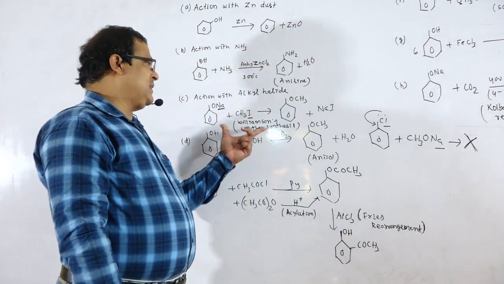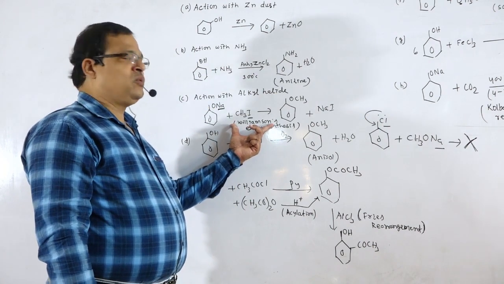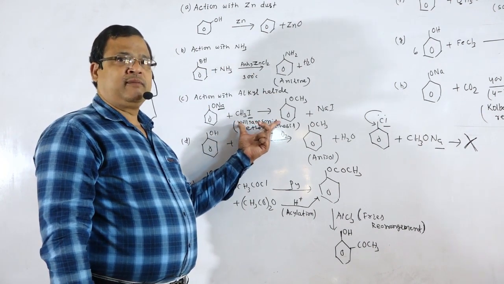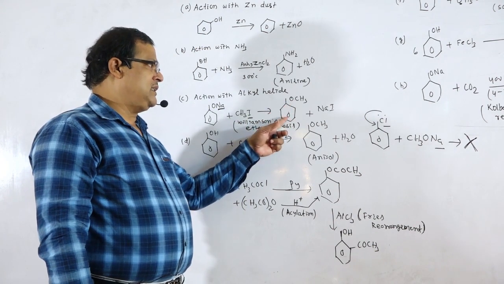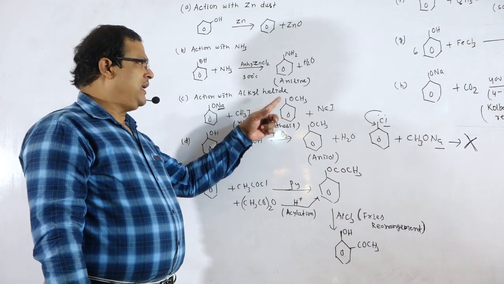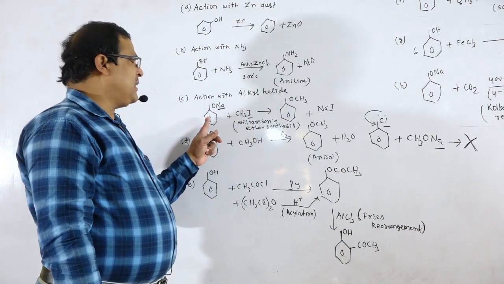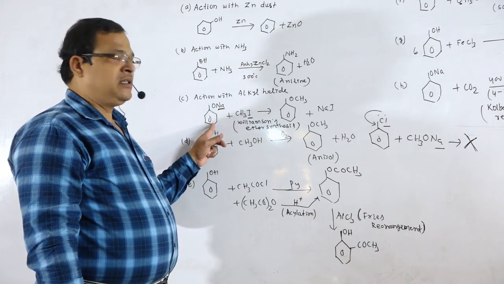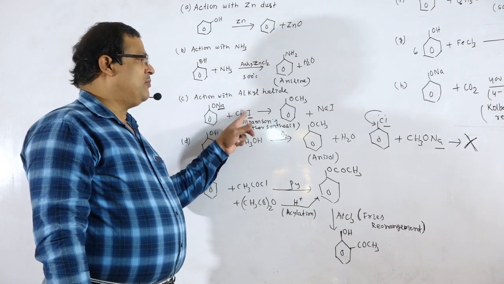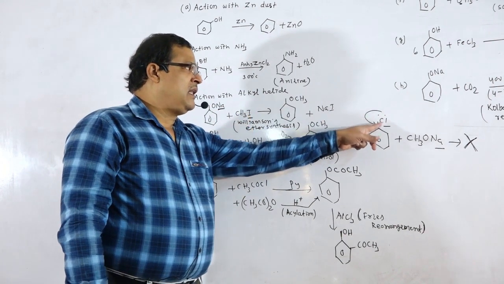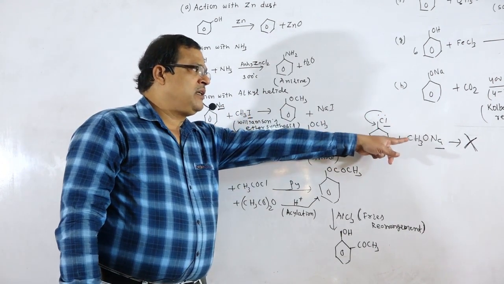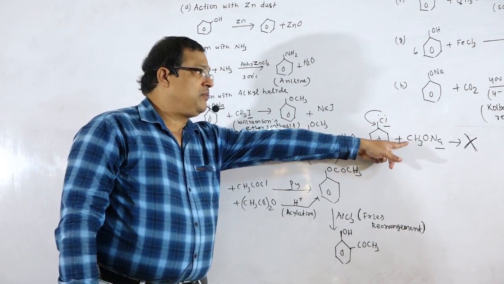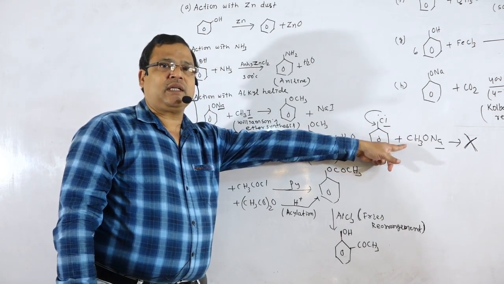So by Williamson's ether synthesis, whenever we are going to prepare methoxybenzene, we have to take the sodium salt of phenol, sodium phenate, with the alkyl halide, but not an aryl halide with sodium methoxide.